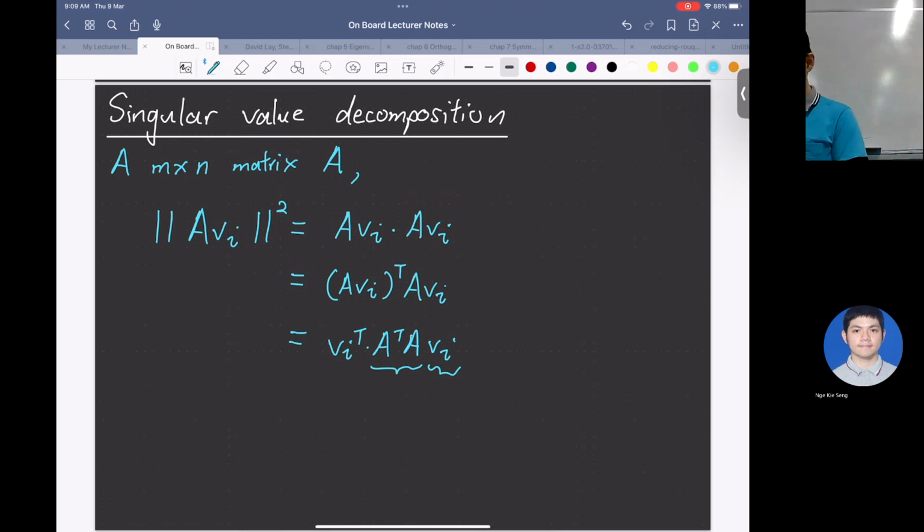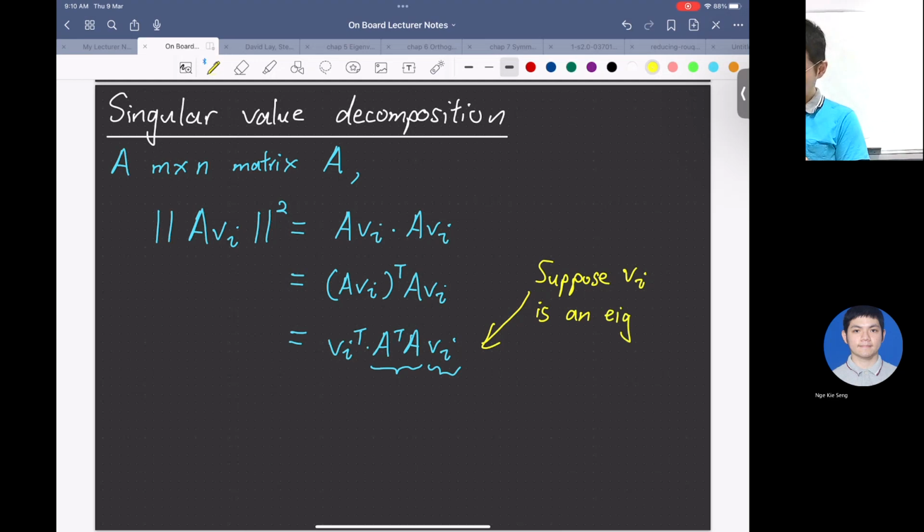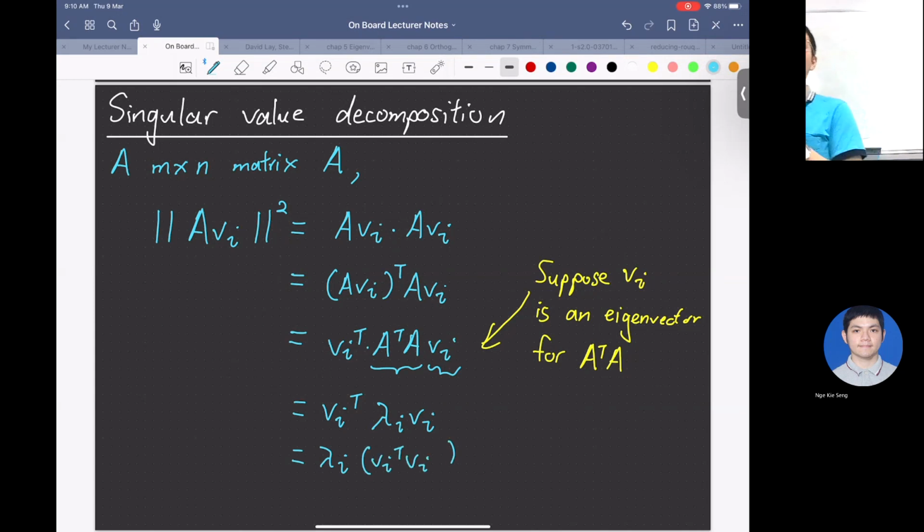So let's suppose at this stage v_i is an eigenvector for the matrix A transpose A. Then we can proceed further. v_i transpose times lambda_i v_i, which is lambda_i times v_i transpose v_i. So what is v_i transpose v_i? It is the inner product between v_i and v_i, which is the length squared.